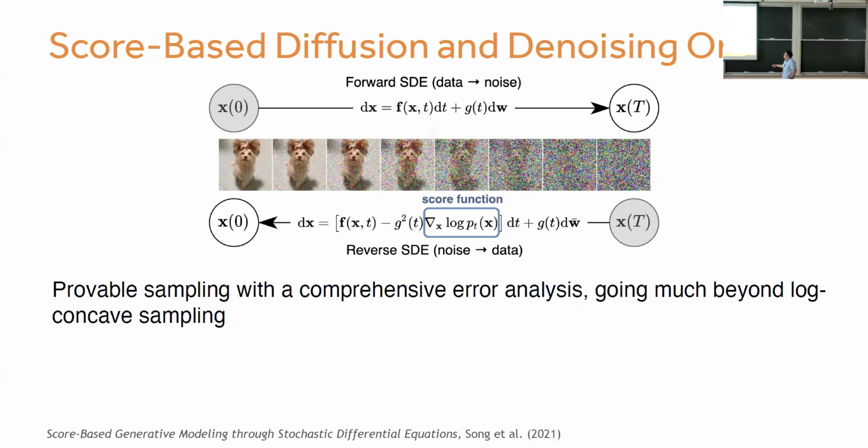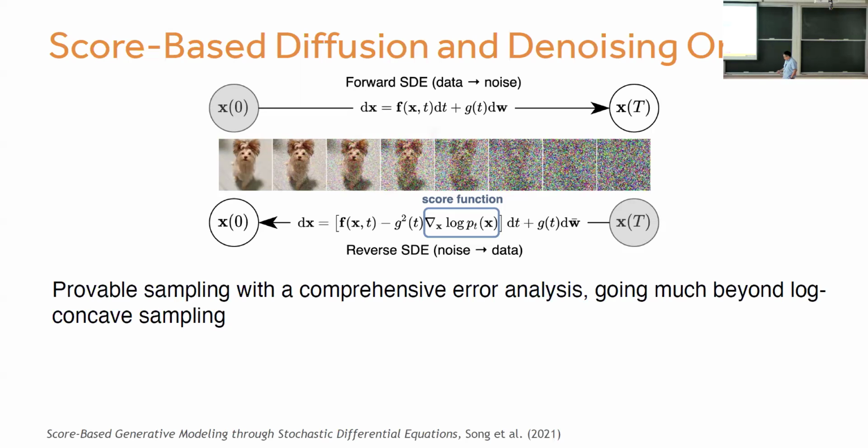On both the theory side and the practice side, people have studied these systems intensively in recent years. Nowadays, we have a relatively complete understanding of this reverse dynamics process, with comprehensive error analysis going beyond the log-concave sampling.